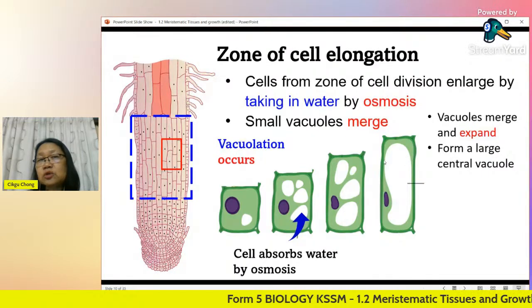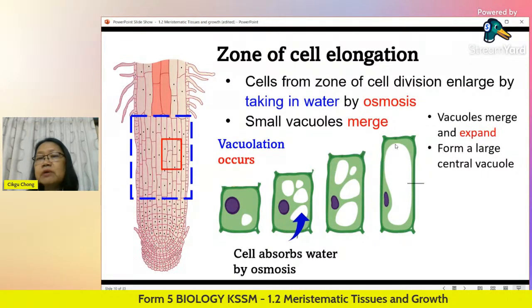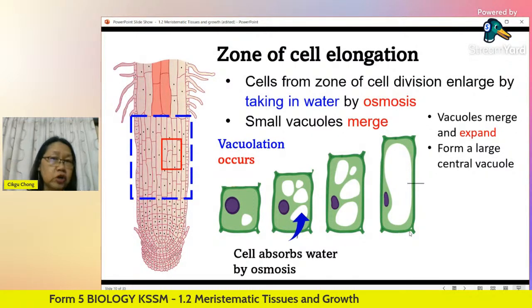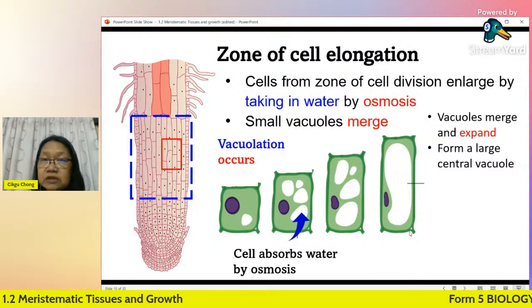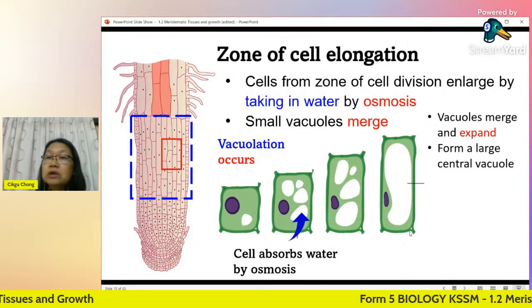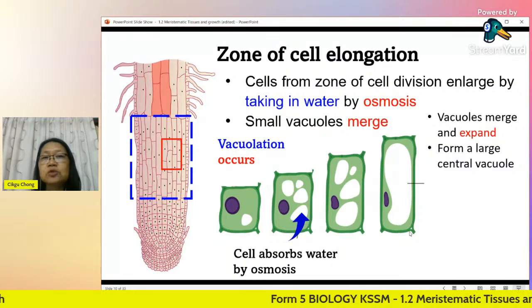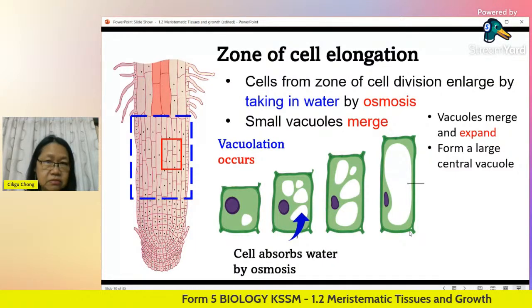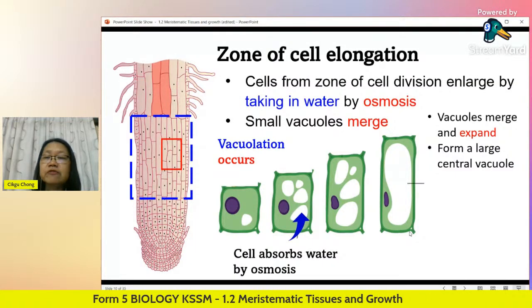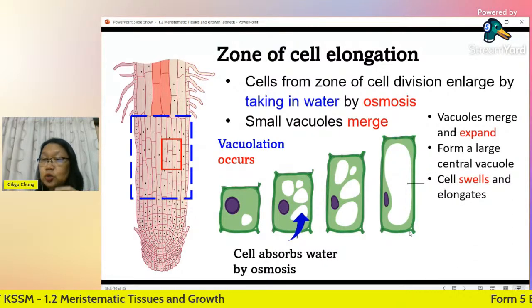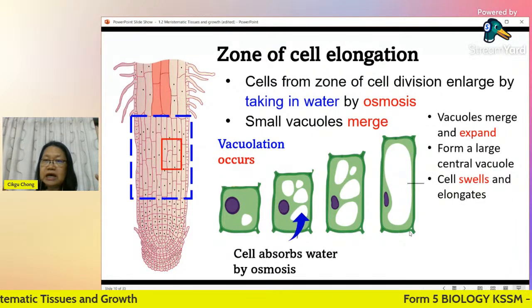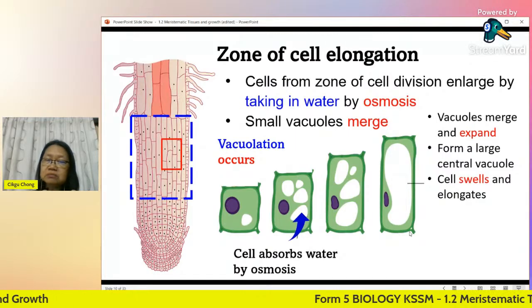So at the zone of cell elongation, you will be able to see that the vacuoles have joined and the vacuoles are large. This is an indication that the cell you're looking at is at the zone of cell elongation. It's bigger. So they form a large central vacuole, and because of this, the cell swells, meaning it becomes bigger, and it elongates because of the pressure.